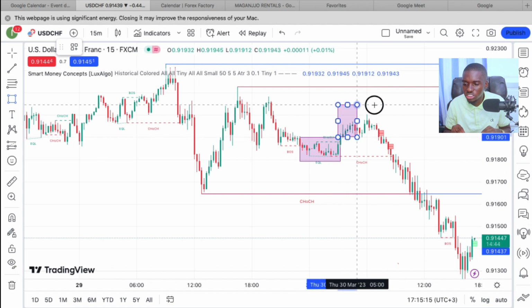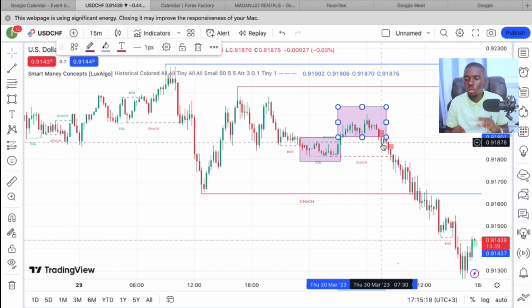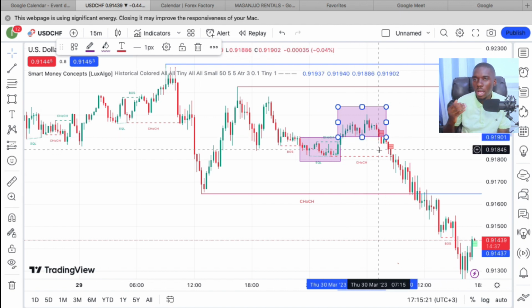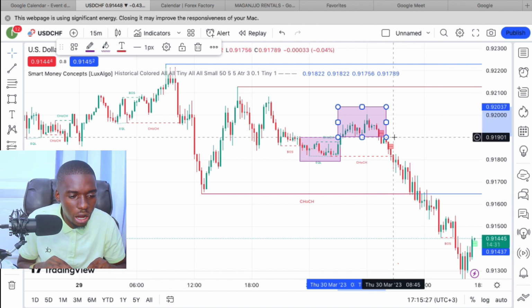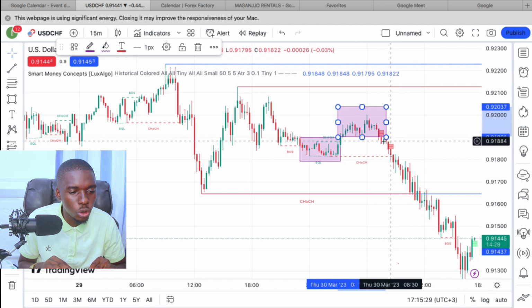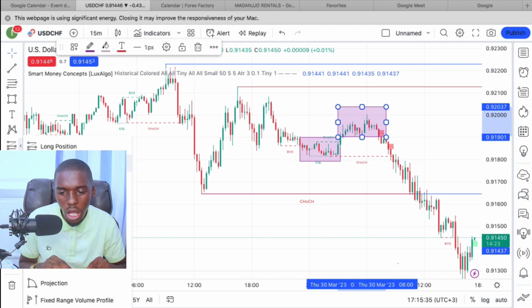The first one was accumulation, the next one was manipulation. So along this manipulation point is where we expect that the market was faking out, and we should have our entry at this particular point, because we mark this point as the beginning of the distribution, as you have been clearly seeing on our platform.